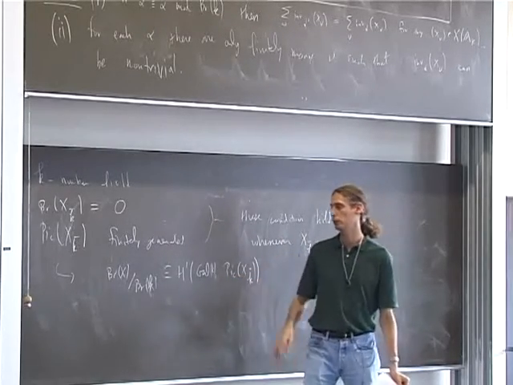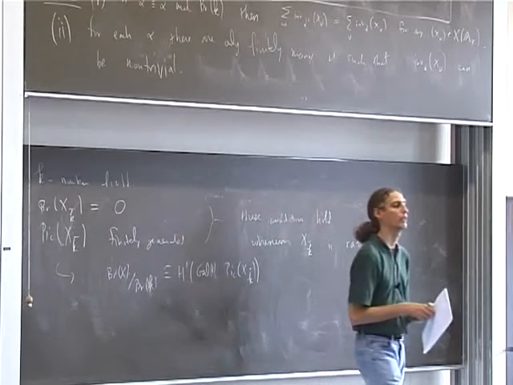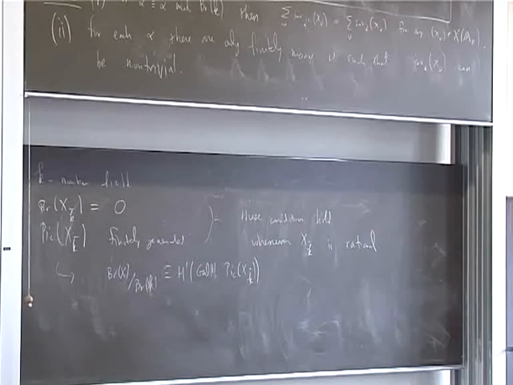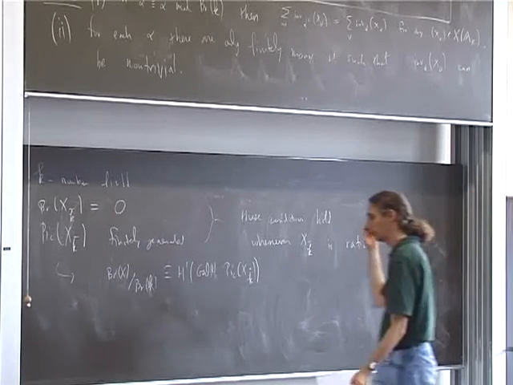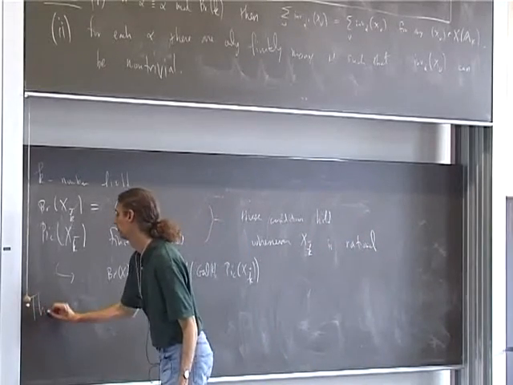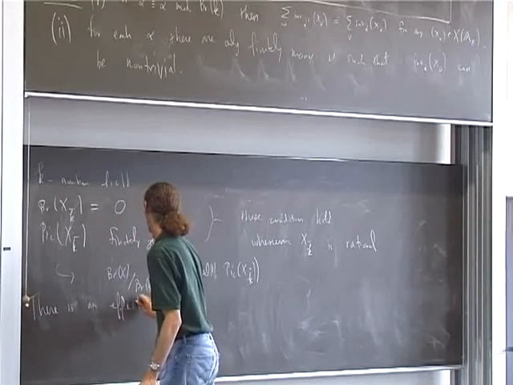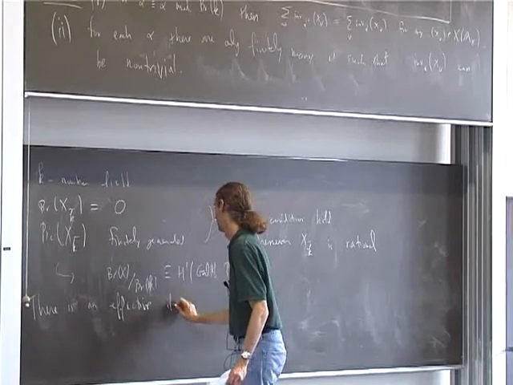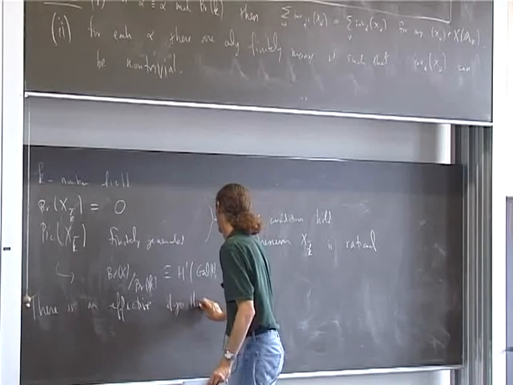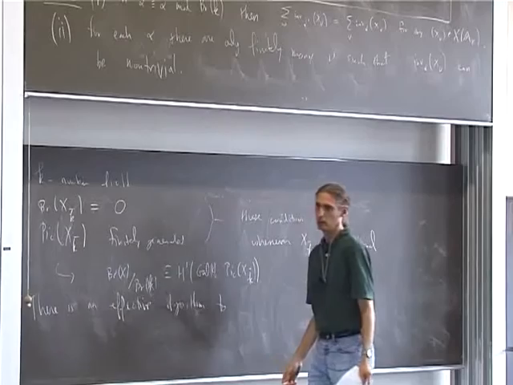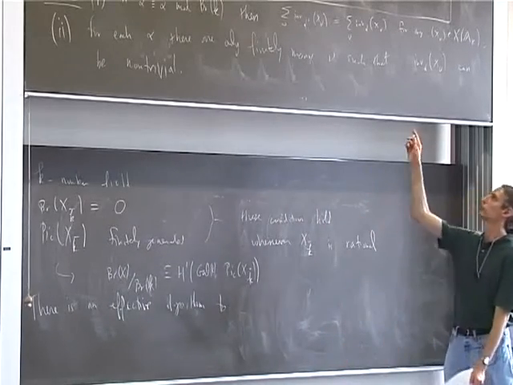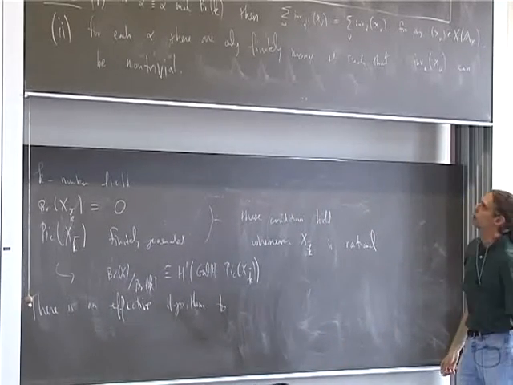This is a finite group, so you have a finite number of classes alpha. You only have a finite number of things to check, and then there is an effective algorithm to check whether there's a Brauer-Manin obstruction.